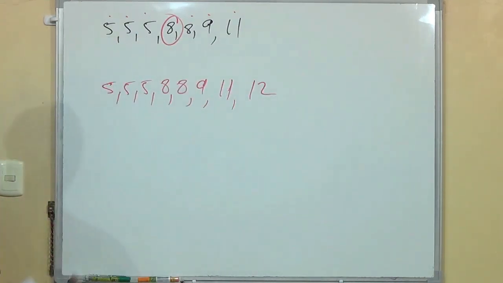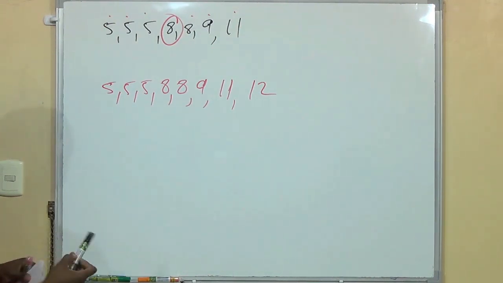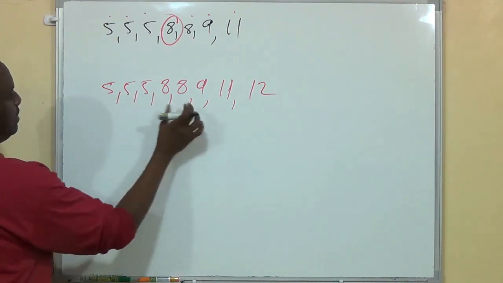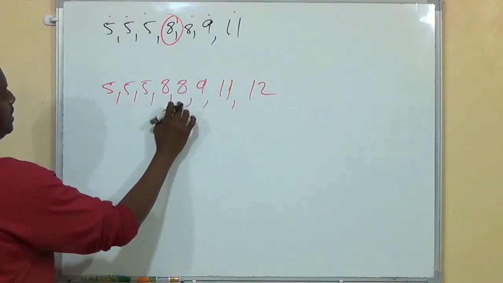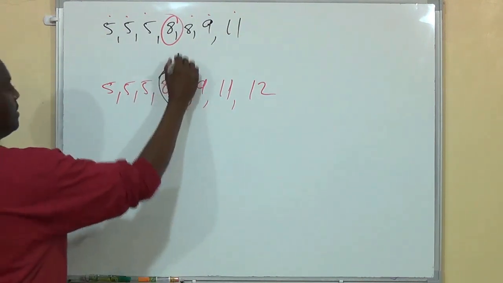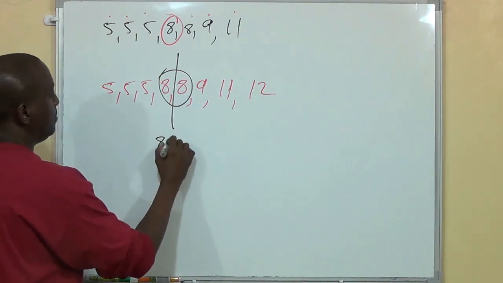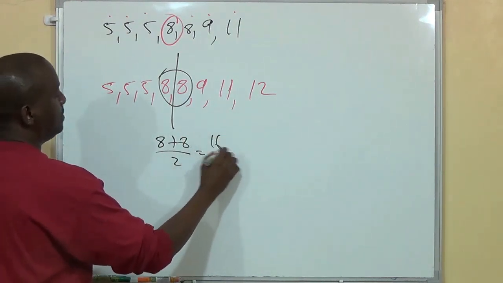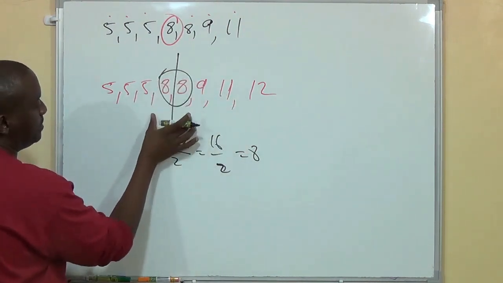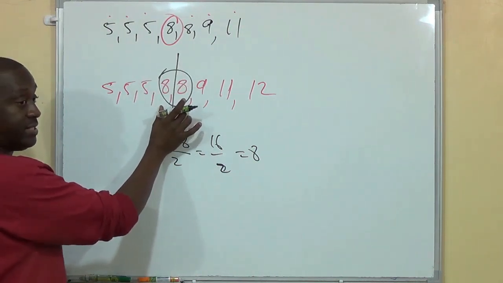In that case, where we're looking for the middle, because we don't have a clear center digit, we take 1, 2, 3, 4 on this side, 1, 2, 3, 4 on this side. So we take the 2 center digits and we find the average of those 2, the mean of those 2, which will just be 8 plus 8 divided by 2, which will be 16 over 2, which will be the same 8. So if I were to add an extra digit here, the median will still be 8 by virtue of the fact that you have 2 8s next to each other here.